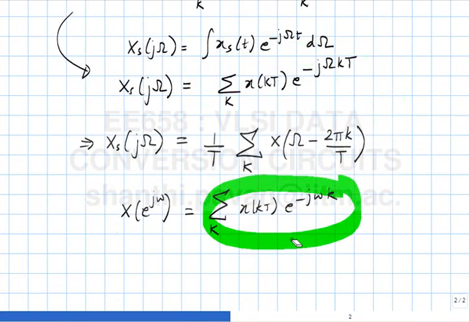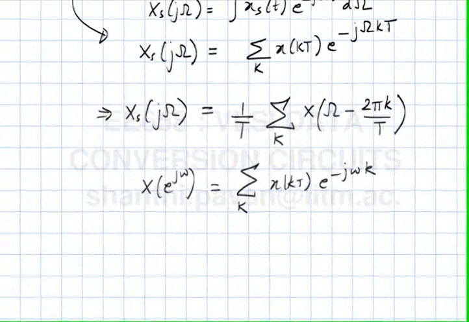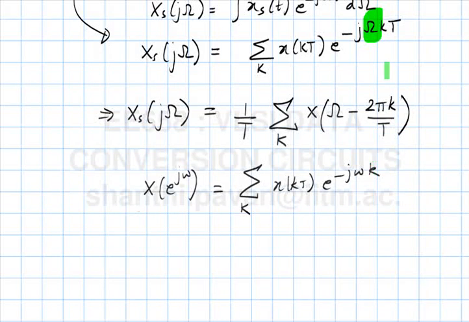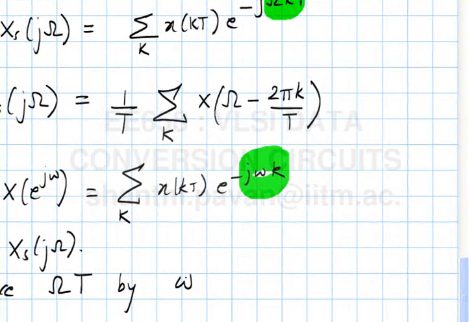So, noticing that if I look here and here, to find X of e to the j omega, I find Xs of j omega, then I replace capital omega T by small omega.